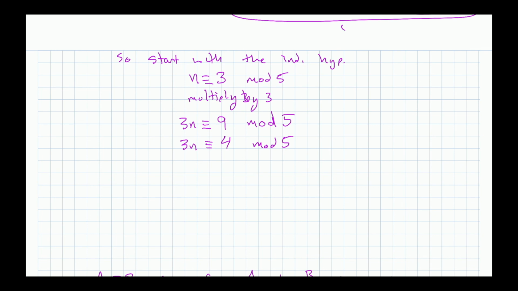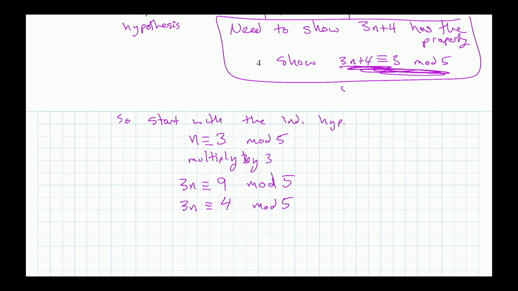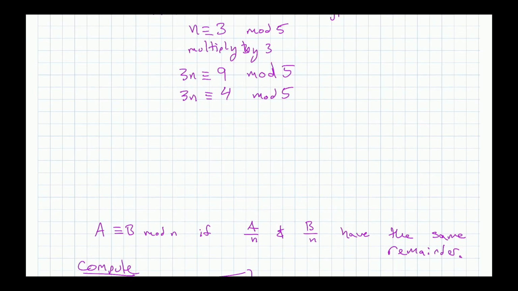And what do we need to do now? Well, now we have a 4, so add 4 to both sides. You get 3n plus 4 is congruent to 4 plus 4, which is 8 mod 5. But then what is 8 mod 5?